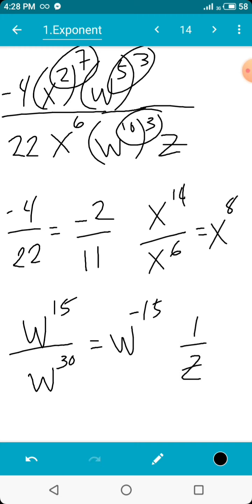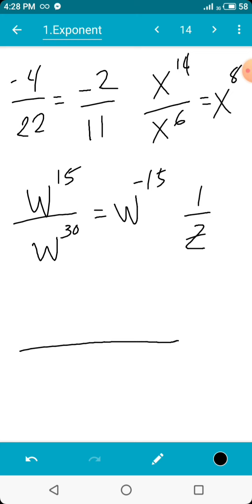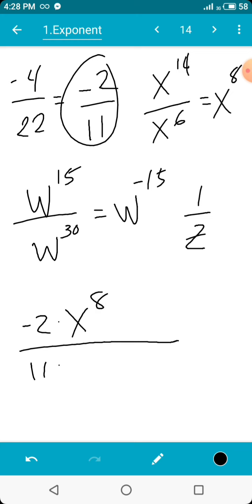Yeah, something like that. So, ang mangyayari, pagsasamahin natin yung sagot natin to simplify our expression. So, una, we have negative 2 over 11. And then we have x raised to 8. So, since positive siya, numerator siya, sorry.